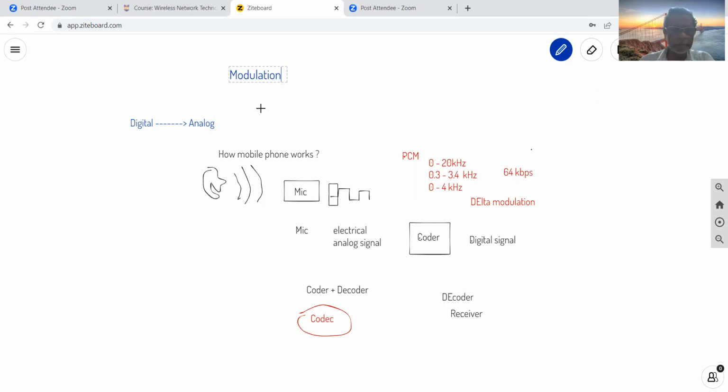Then, what are the modulation methods we can use to convert a digital signal to an analog signal?